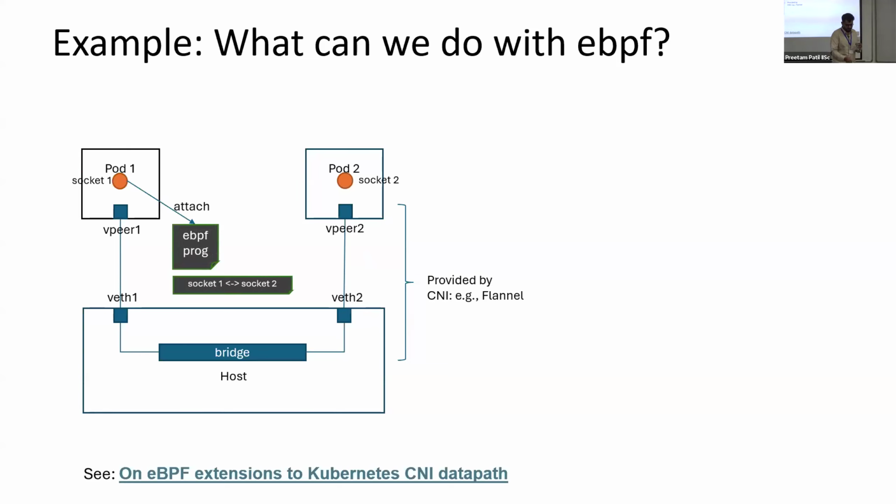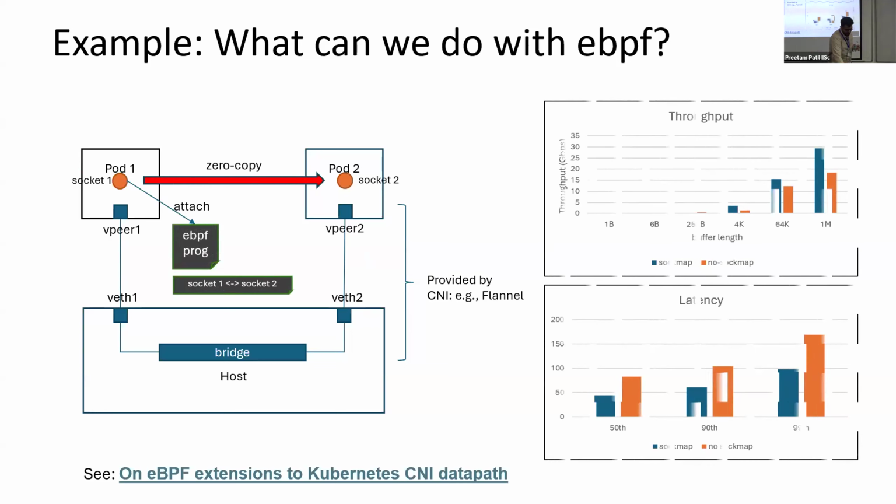And what this enables is a direct zero copy transfer from one pod to the other pod in a single host scenario. The throughput gain you get from this is, if you compare the sock map versus the no sock map case, the sock map case almost doubles the throughput, while the latency becomes almost 1.5 times less. So there is enough acceleration that you gain by doing just one hook in the kernel.